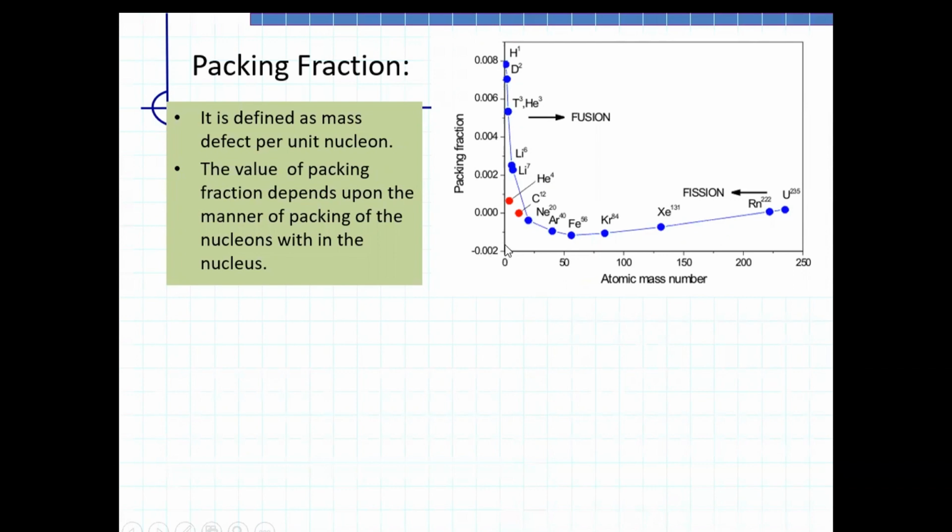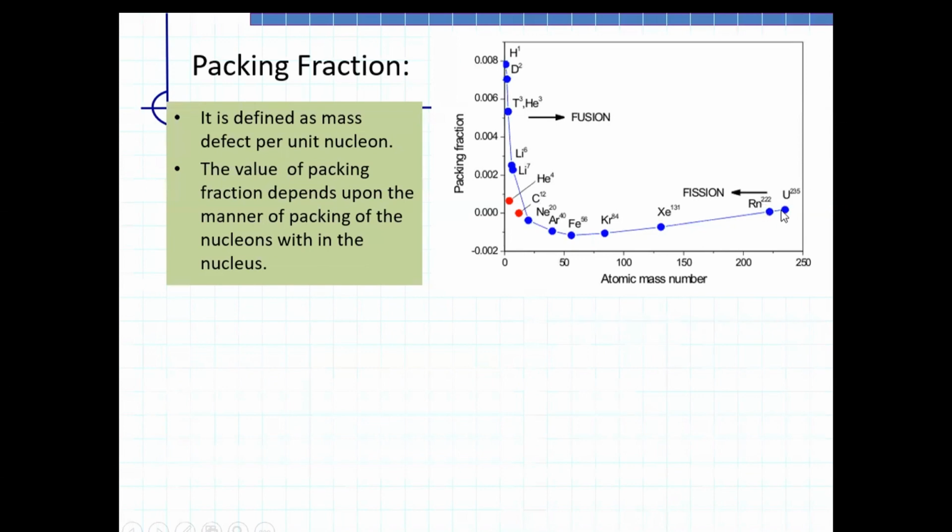You can see that the packing fraction is very high initially, and it decreases and becomes very small near the iron, the krypton, and then it goes again high and high and high. You can see the uranium is here.